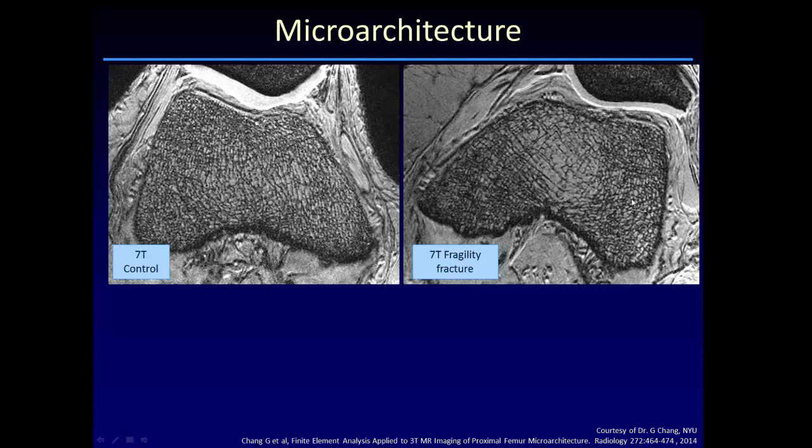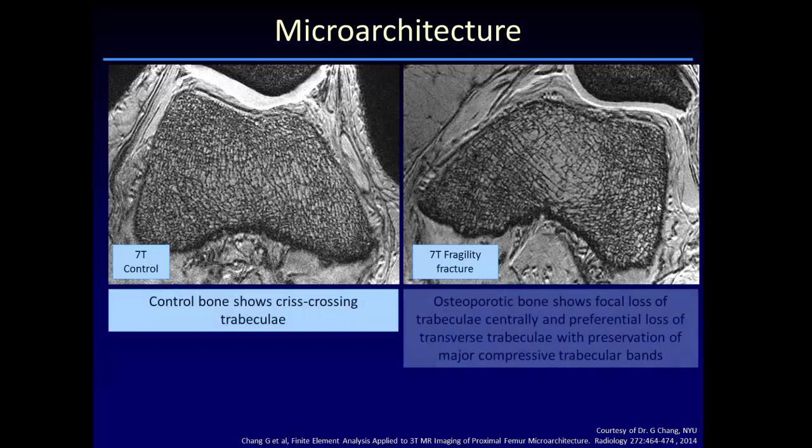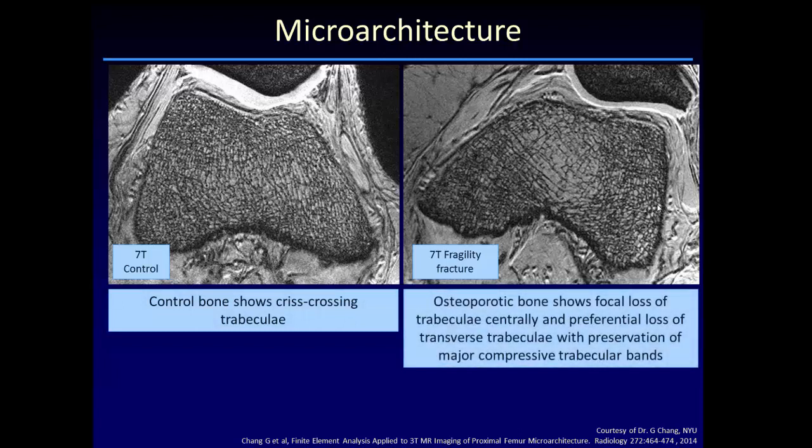You can see the difference between the control bone and this high-field image of the distal femur in a patient with a fragility fracture. But at this point, these microarchitectural measurements are really a research tool and not used in clinical practice, but they're going to play an important role in helping us predict which patients are going to fracture.